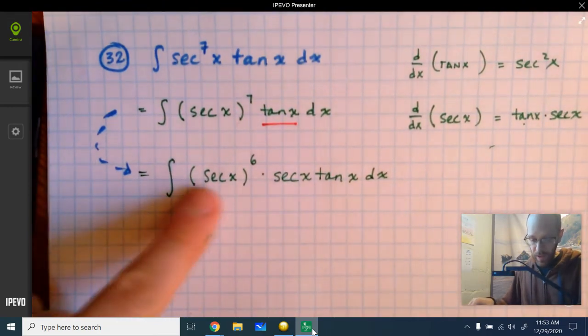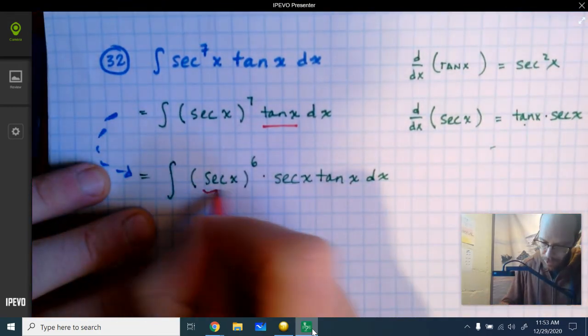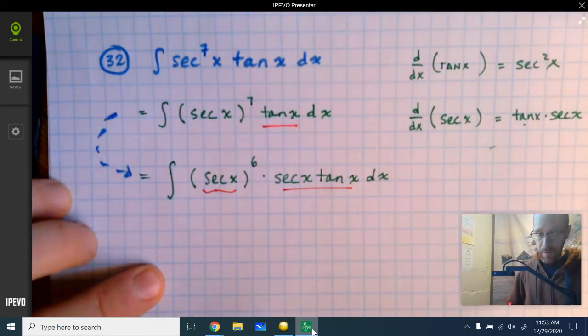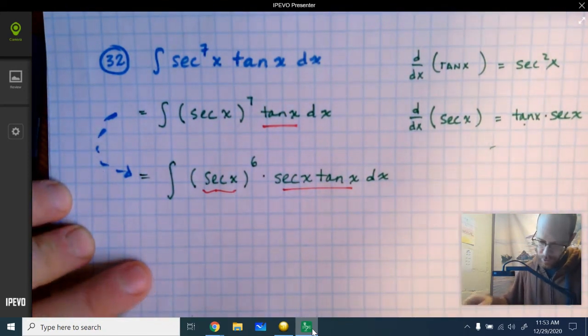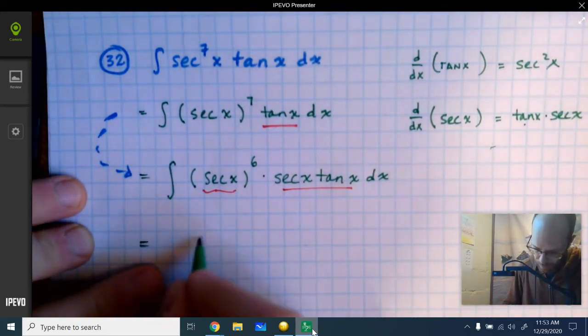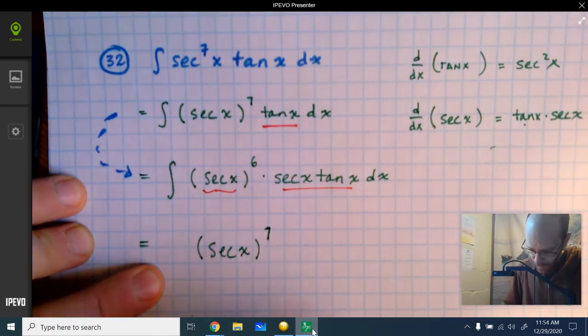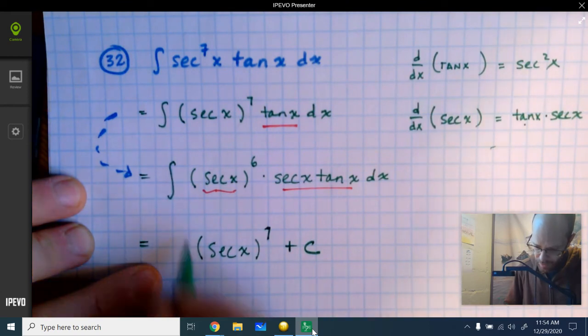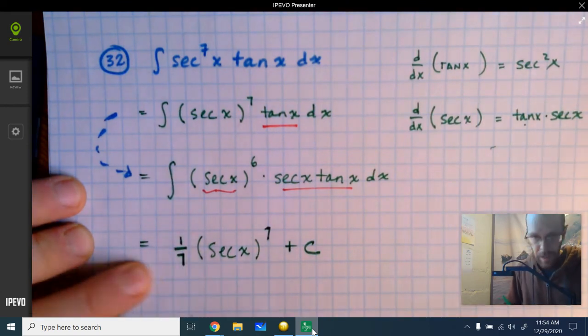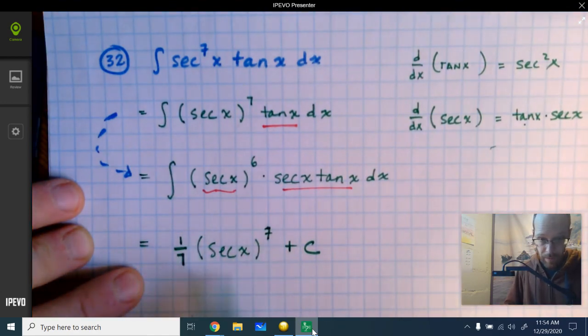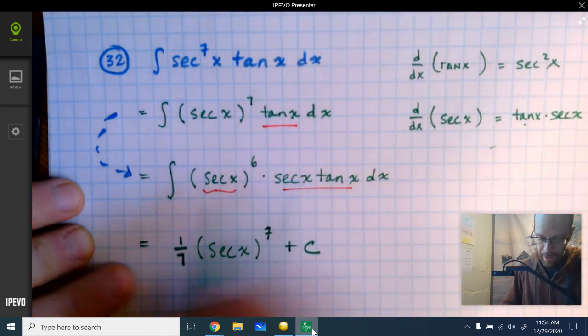See how now it's set up where your inner function has this as its derivative. The answer ends up looking like so. Secant of x to the seventh plus c. I'm going to throw a 1/7 right here. You can check if you take the derivative of this, you will get that.